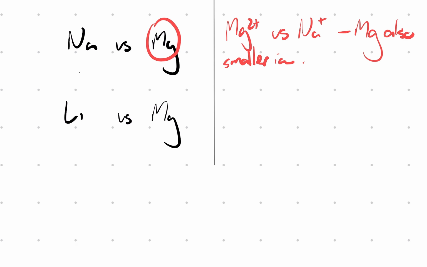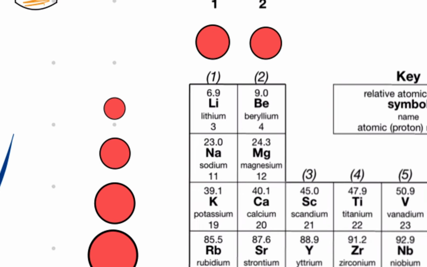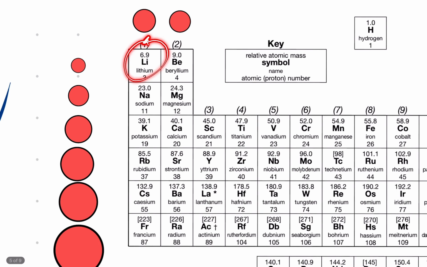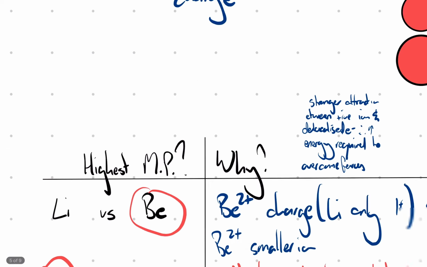Next, lithium and magnesium. So here, lithium, 1+ charge, magnesium, 2+ charge. Now, lithium is going to be a smaller atom, so we need to think about which of these is going to have a bigger effect, right? And hopefully you can guess the 2+ is going to make a much bigger difference than the slight difference in size of atom.